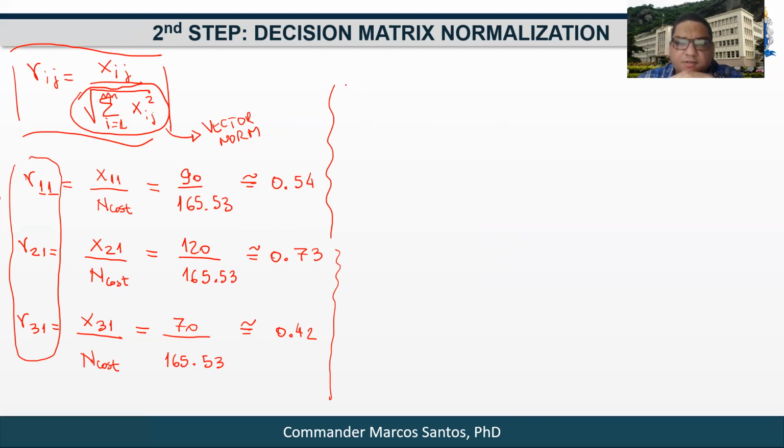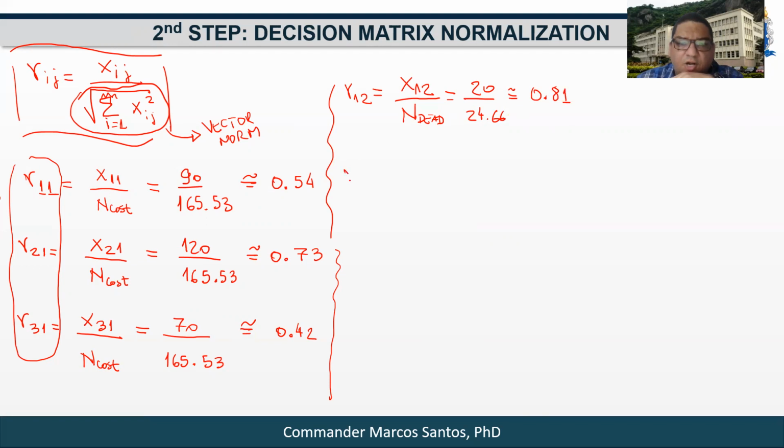So R12 is equal to x12 over the deadline vector norm. So we have 20 over 24.66 equals 0.81.